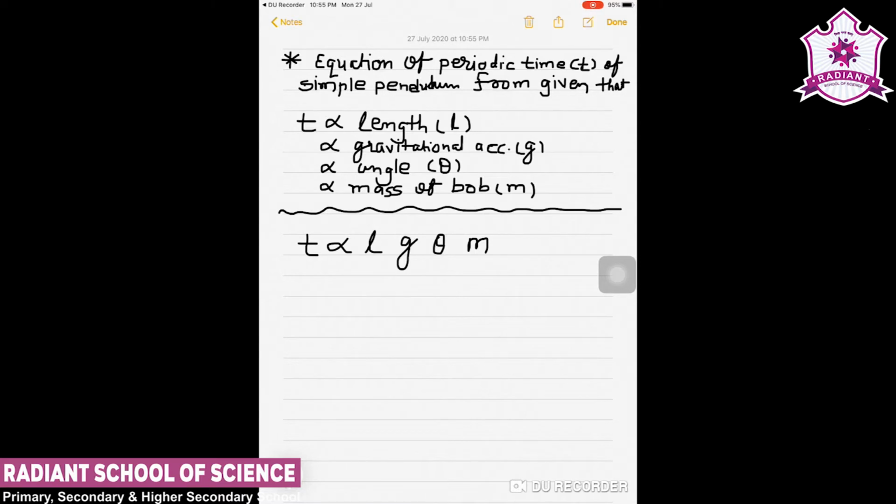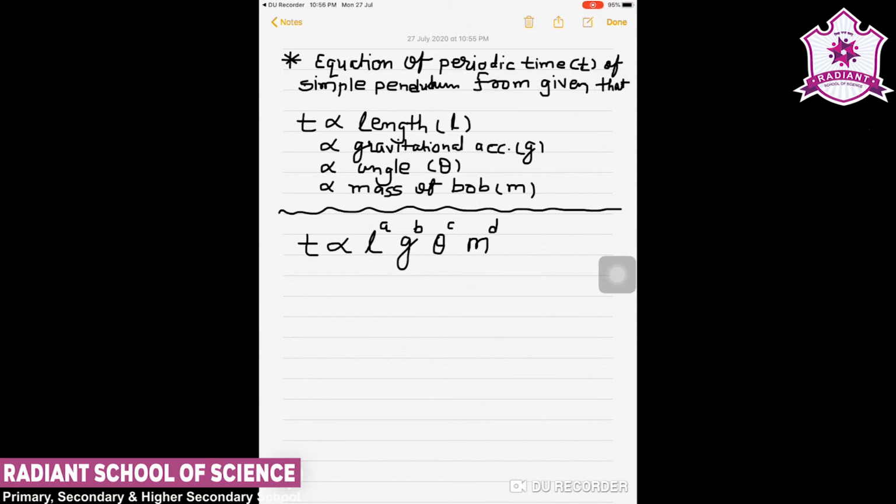So for that we will take a small a in the power of L, then b in the power of g, then c in the power of theta, and small d in the power of m. Now we will find the value of a, b, c and d.